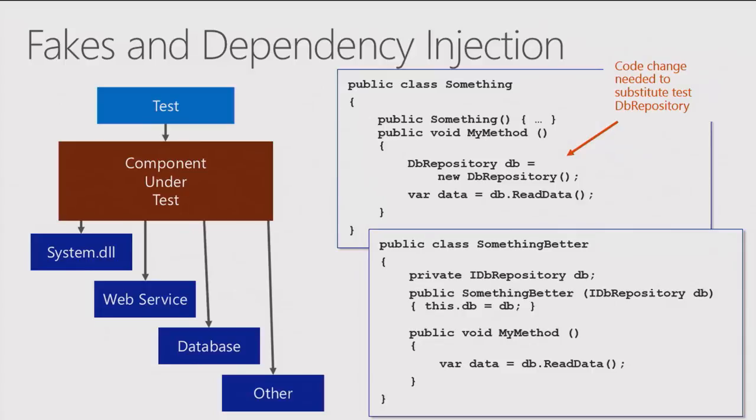It'll generate all the code for you so that you can fake out a repository. And then a shim is for something that already exists. So like if you're trying to simulate one of the system DLLs, you can't really fake the entire thing. So it'll put a little shim in the middle and allow you to instrument the code inside. If you design everything perfectly, you won't need shims. You'll just use stubs. You'll be able to just substitute. So the shim is there for instances where you can't do this pattern.